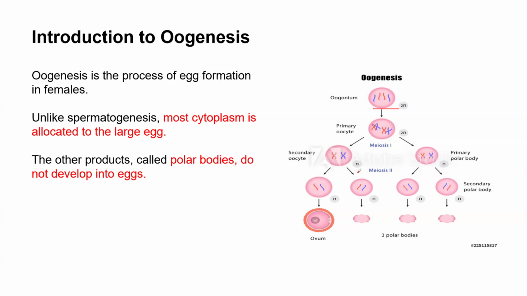The secondary oocyte then undergoes meiosis 2, producing secondary polar bodies. These will further develop into one large ovum with 3 polar bodies, and these 3 polar bodies degenerate, meaning they will not develop into eggs. So at the end of oogenesis, only one egg is developed, and it takes place through meiosis 1 and meiosis 2.